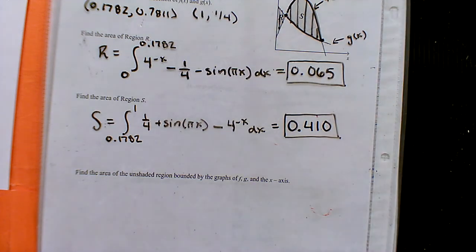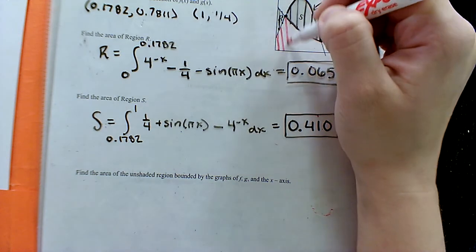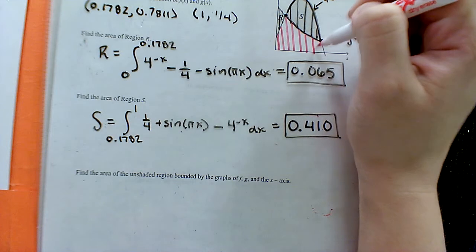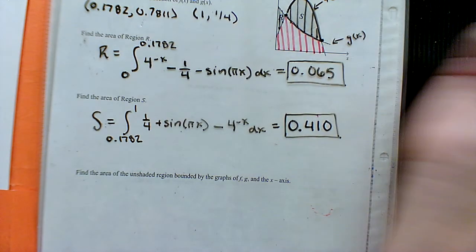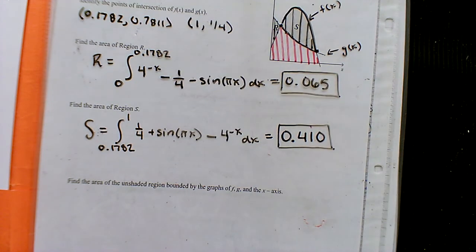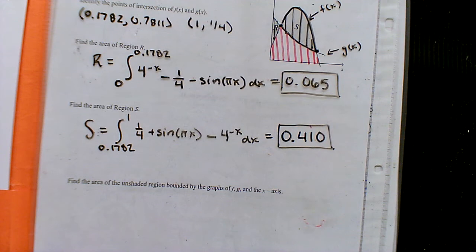We did region R and region S. If we were to throw in some rectangles, let's think about what those rectangles are touching as we draw them through the graph. Do you notice anything interesting about these red rectangles that I drew compared to the other ones we did for R and S?